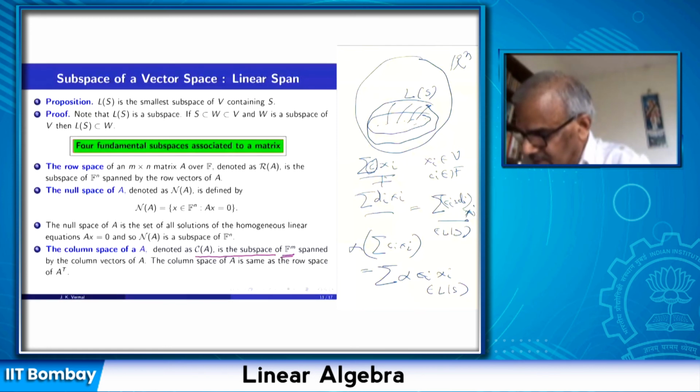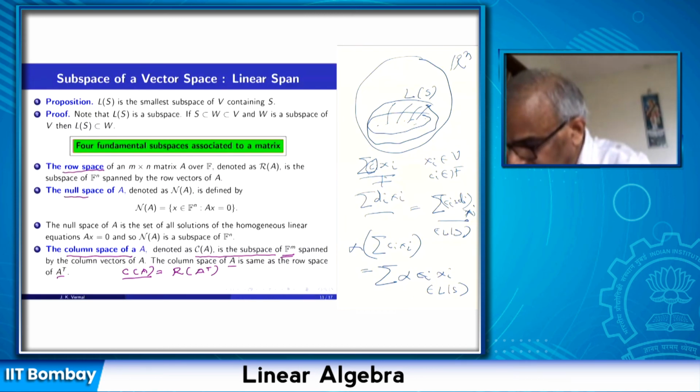This set is called the column space. The columns of a matrix are the row vectors of the transpose, so the column space of A is really the row space of A transpose. In this sense, this space is the counterpart of the row space.